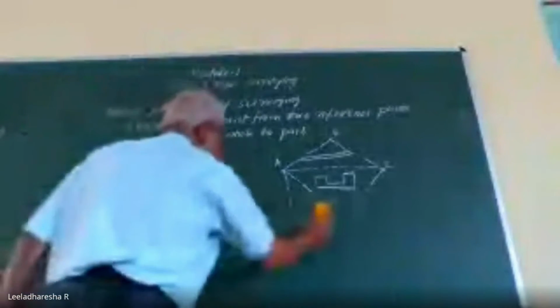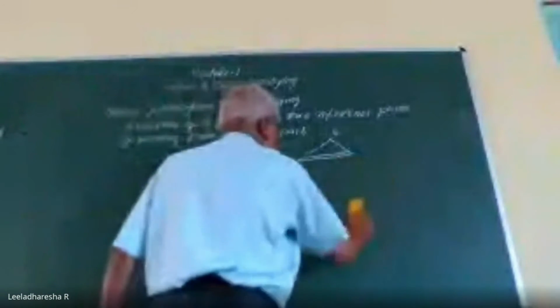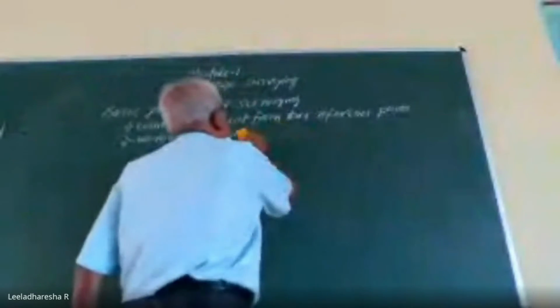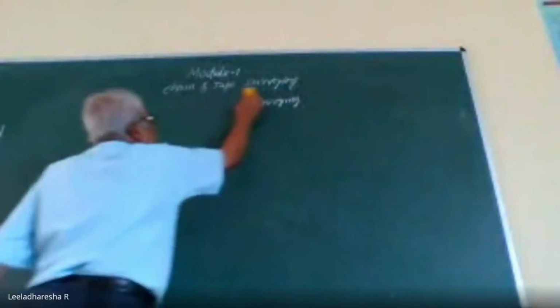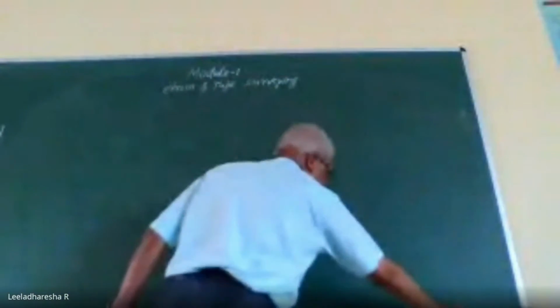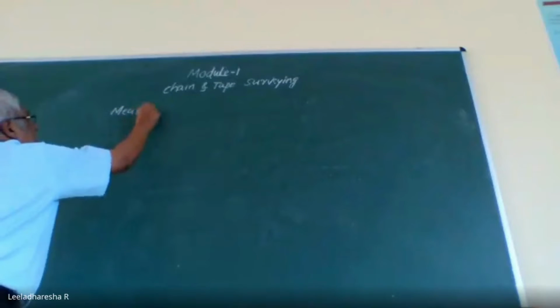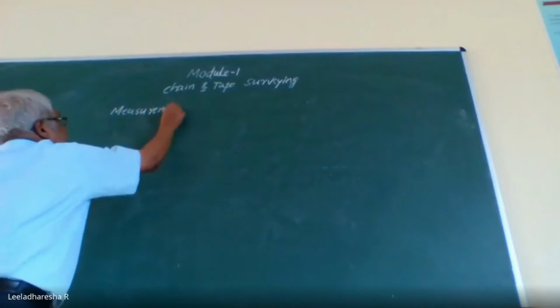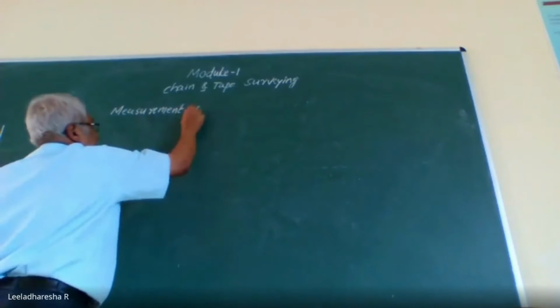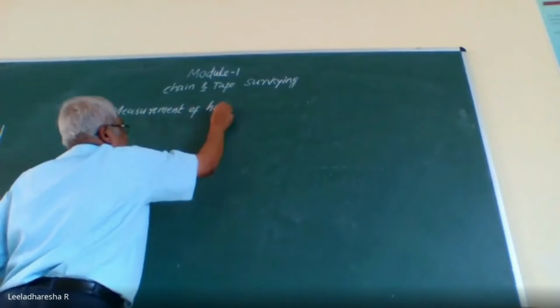Next we will go to the topic, that is measurement of horizontal distances. So once you know what are the basic principles of survey, the next thing is we will concentrate on measurement of horizontal distances. So there are various methods of measurement of horizontal distances.